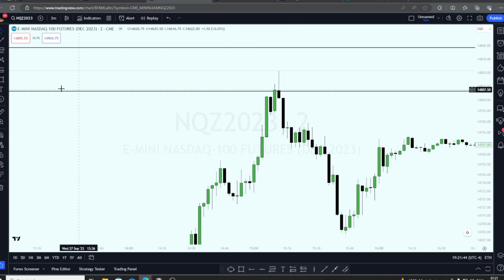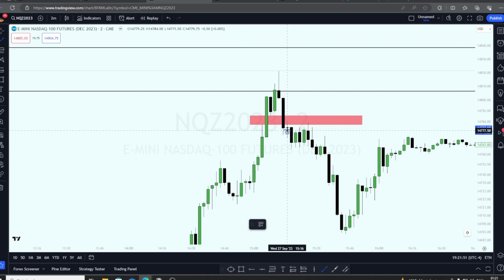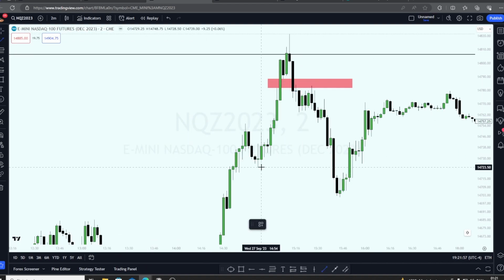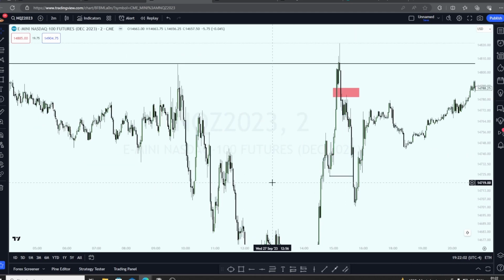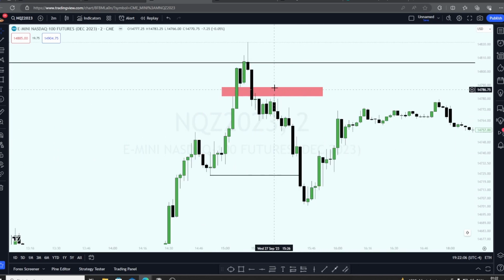As you can see, we came back, we closed below this bullish fair value gap, meaning that we inversed it. So this candle right here is where I place my entry. Okay. And then I have my profits right here. That was my profit target. So yeah, that was a quick and easy trade that I took.